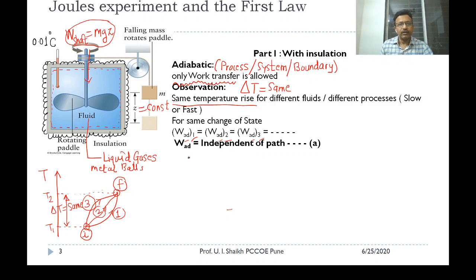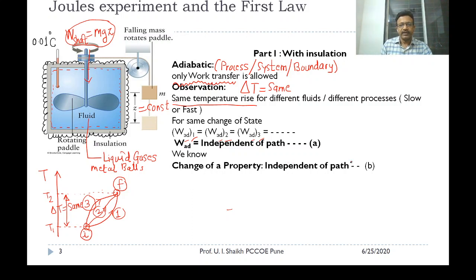Now let us recall something we have learned in the previous lessons, that the change of any property of the system is also independent of the path followed by the system. This we already learned and proved for different properties.